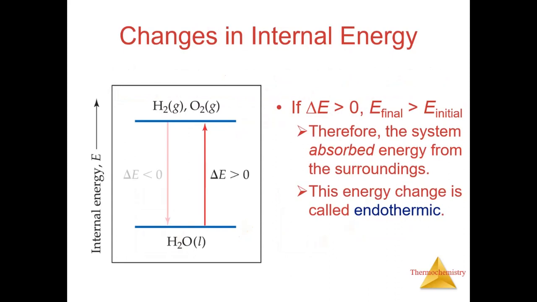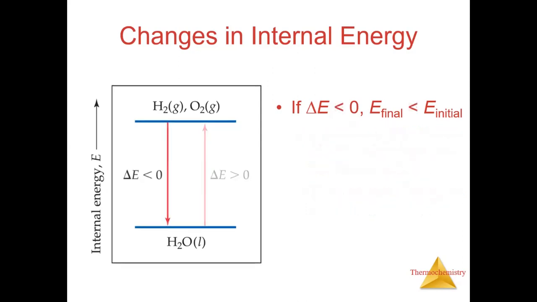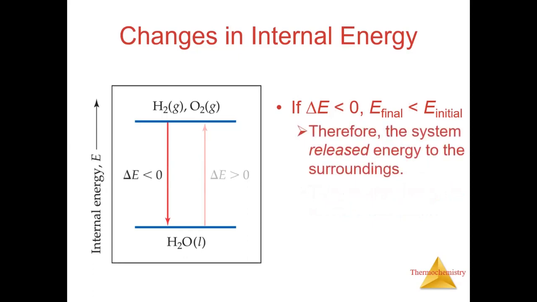And if my final energy is bigger than my initial energy, I've had a net gain of energy in my system. That's going to be a positive number. That's going to be endothermic. On the other hand, if my change in energy is less than 0, then my E final is less than my initial energy, and my system has lost energy to the surroundings. My sign is negative, and it's going to be exothermic.